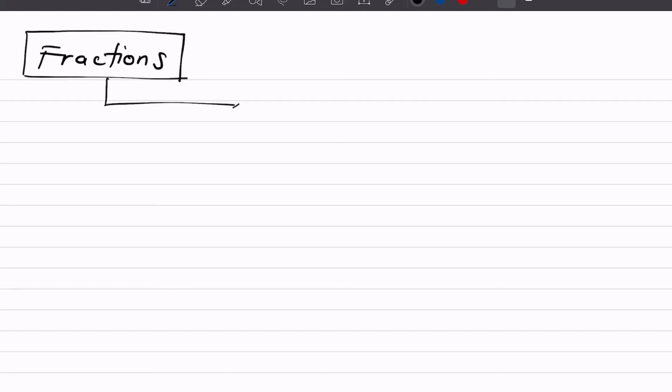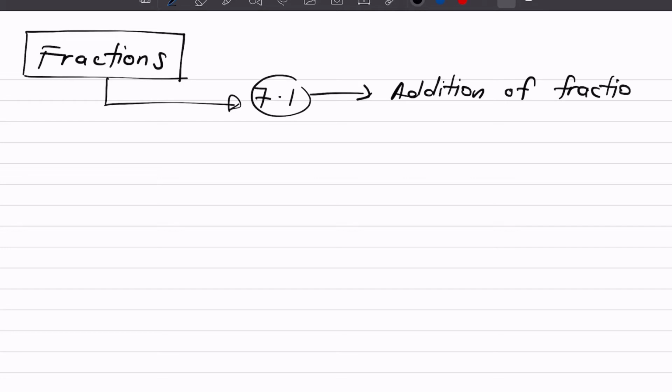So today I'll be teaching you year 5 topic 7, fractions. Under fractions there are 4 parts. 7.1 is about addition of fractions.